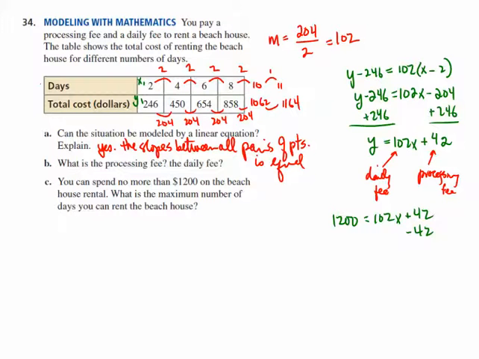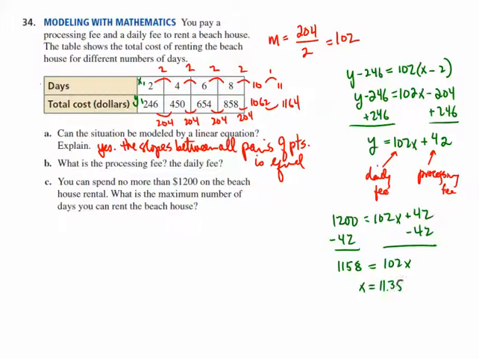Subtract 42, subtract 42, and we're going to get 1,158 is equal to 102x. But when we divide 1,158 by 102, we end up with x is equal to 11.2.